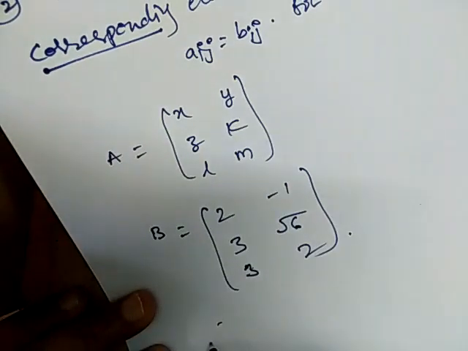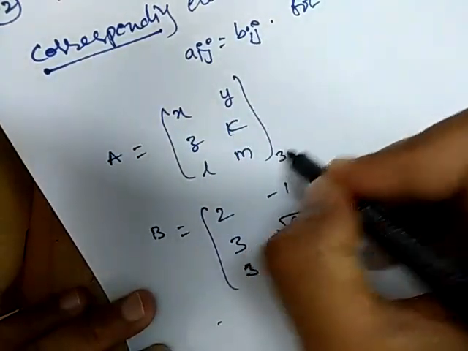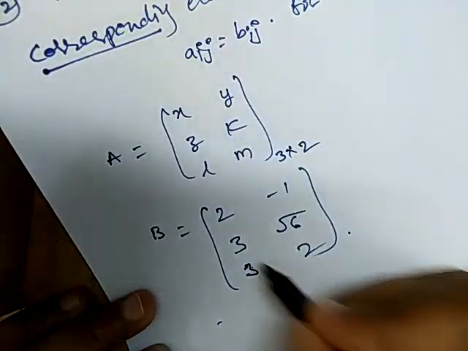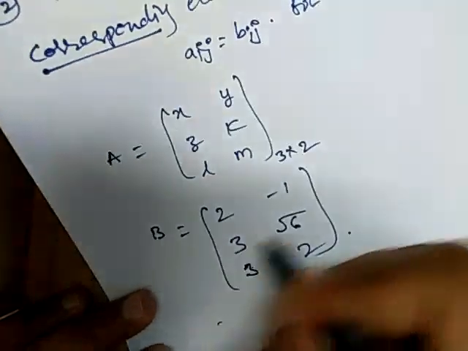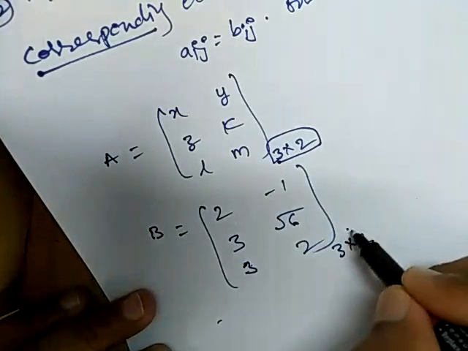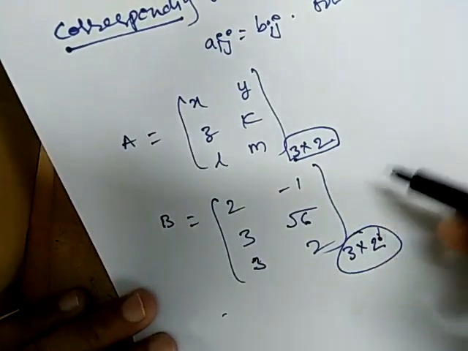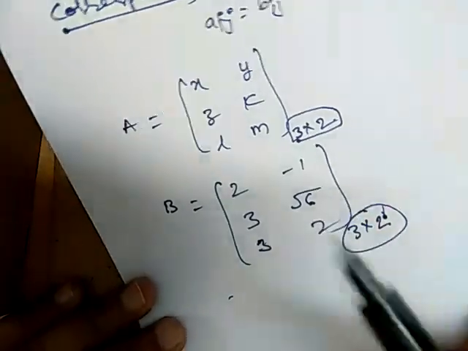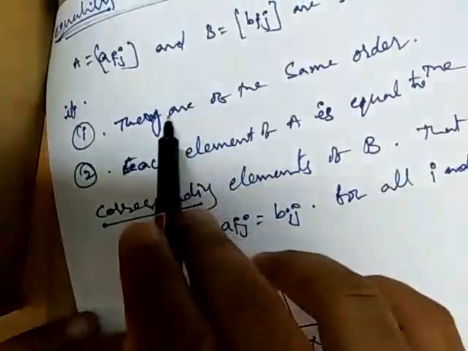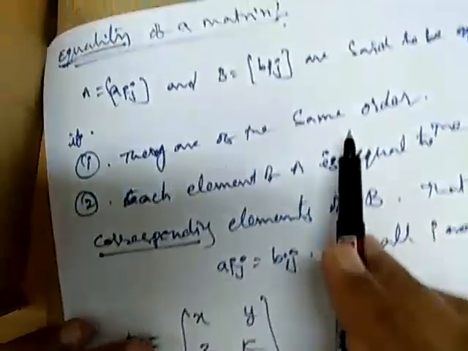The order of this matrix is 3 by 2, and the order of the other matrix is 3 by 2. So both the orders are equal. The first point is satisfied.